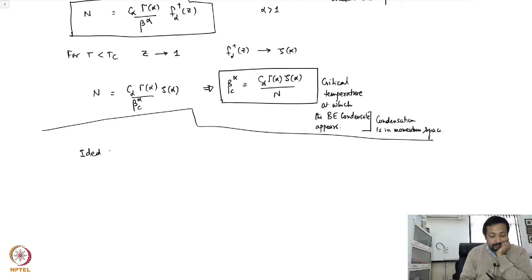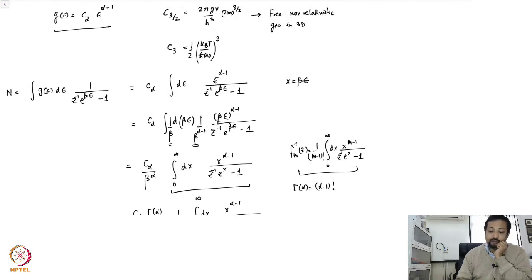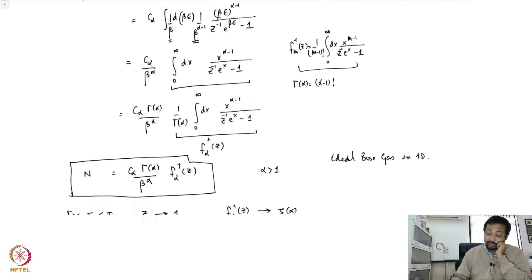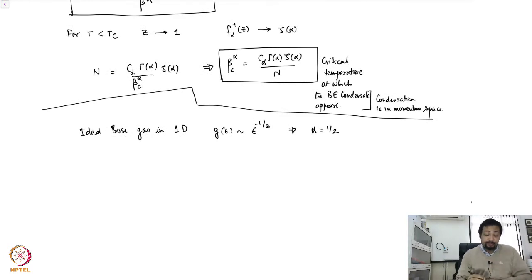For an ideal Bose gas in 1D, my g(ε) goes as ε to the power minus half, which implies that α is going to be half in the description that we have written down over here. Therefore, n is proportional to f_{1/2}^+(z).